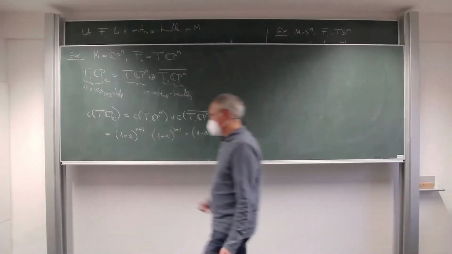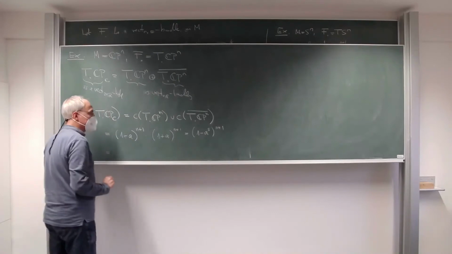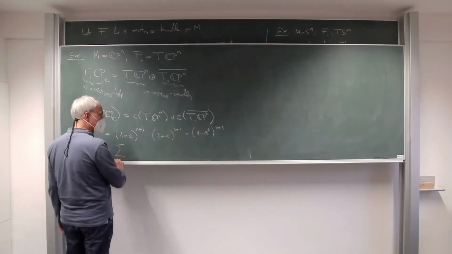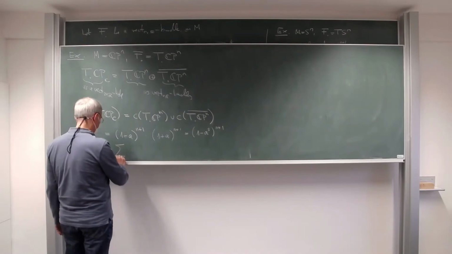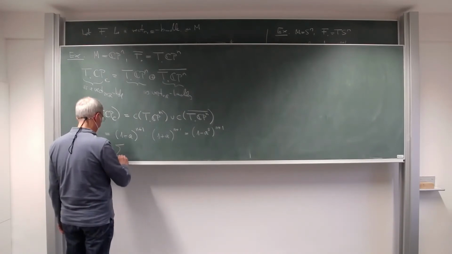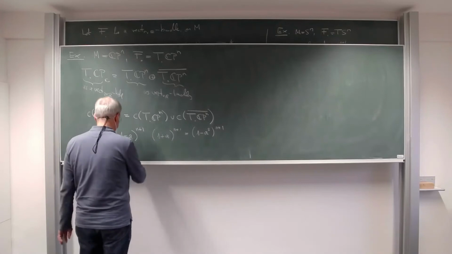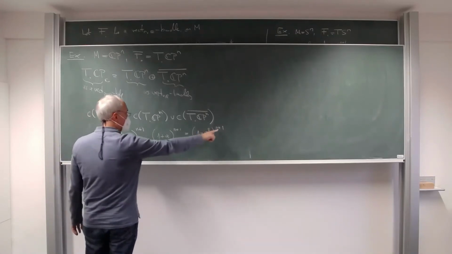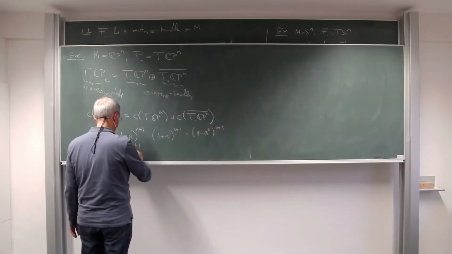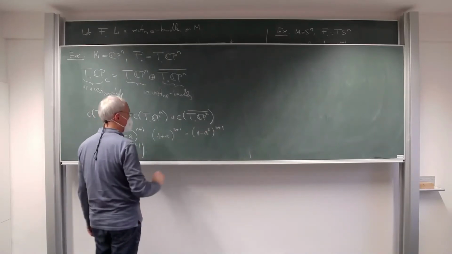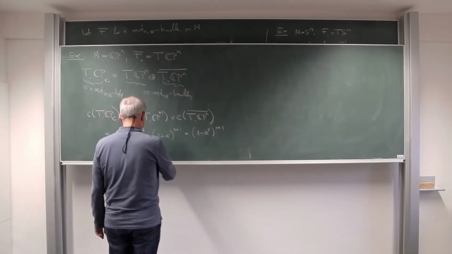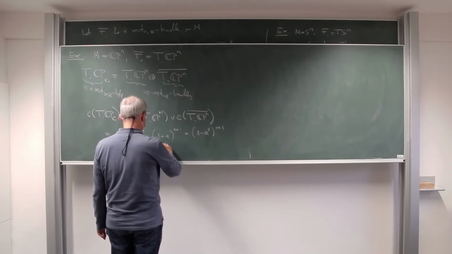And we can expand this in terms of a polynomial series. So then we have the summation from k equals 0 to, we'll see, let's say n+1, of (n+1 choose k) times (-a^2)^k.